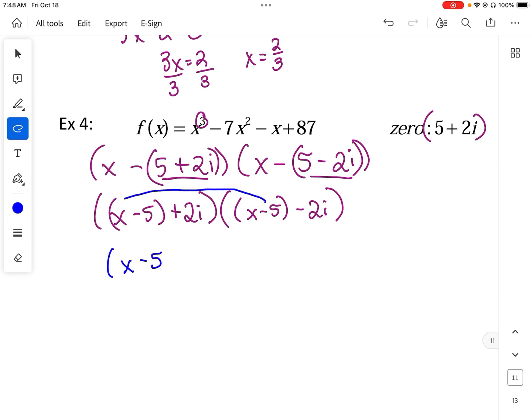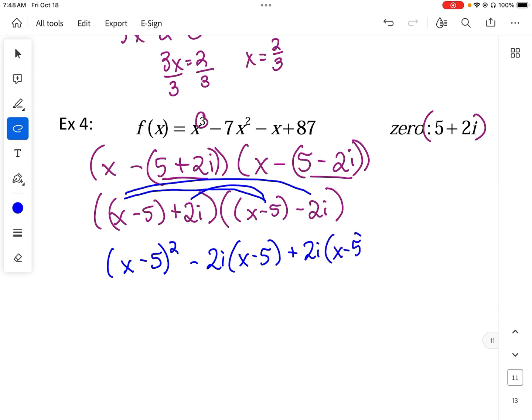I'm not going to expand that yet. I'm just going to do this. And then we can do this minus 2i times x minus 5. I'm going to do this plus 2i times x minus 5. And then my last term, negative 4i squared. Okay, these middle terms are going to cancel because they're the same thing, just minus 2i and plus 2i, so those cancel.